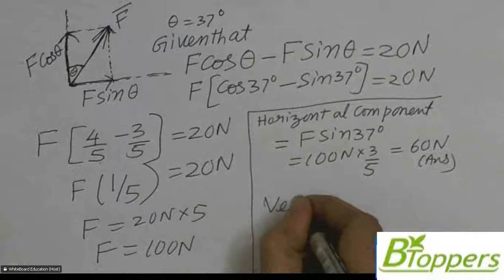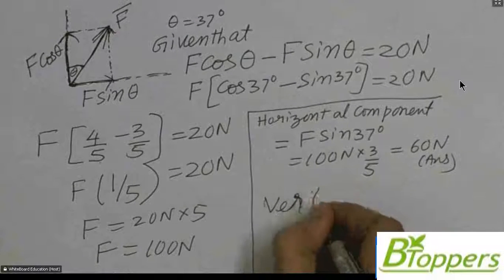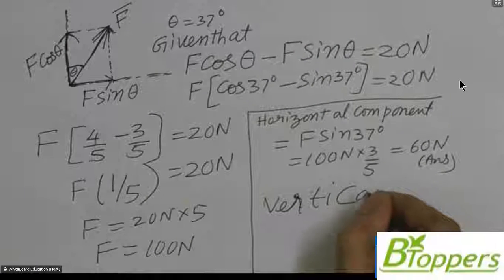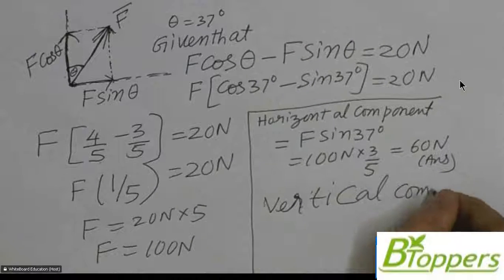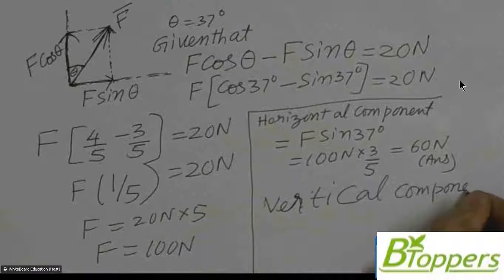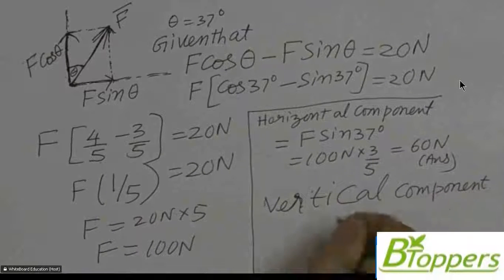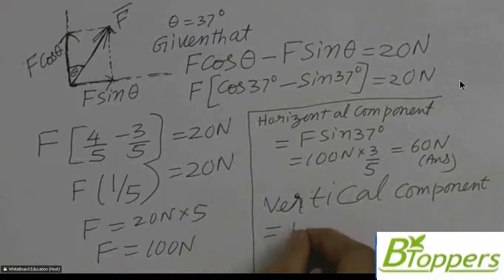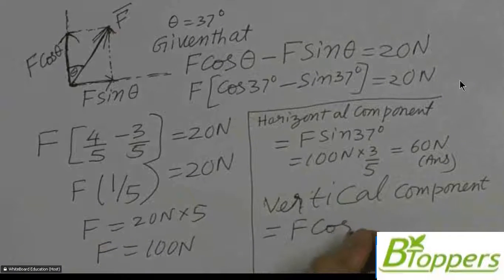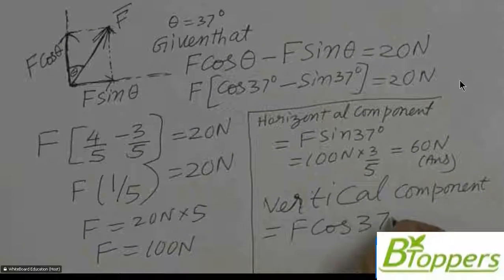So magnitude of the vertical component of the force will be equal to F cos theta. Here theta is 37 degrees.